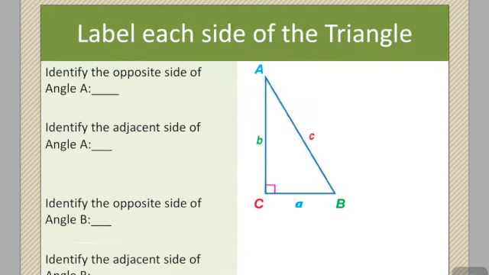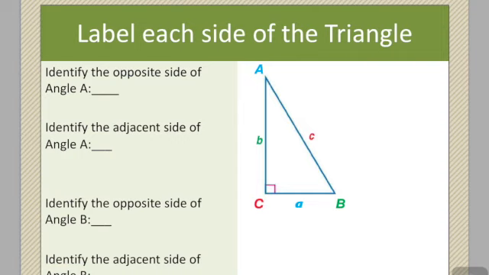So we're going to start by labeling each side of the triangle. The way we're going to label them is using the terms the opposite, the adjacent, and the hypotenuse. The way we label is going to depend on which angle we're looking at.